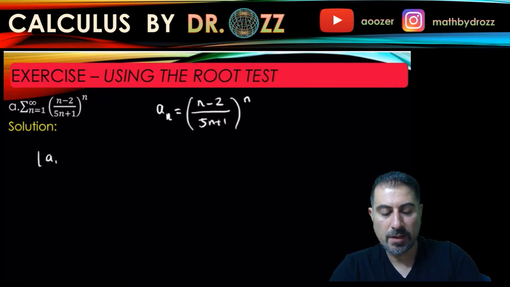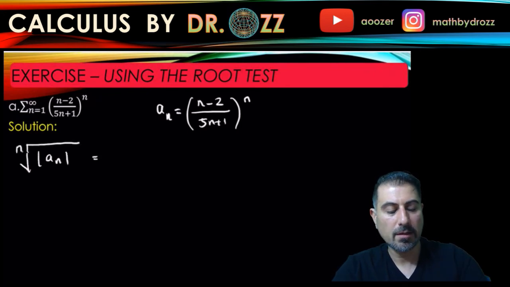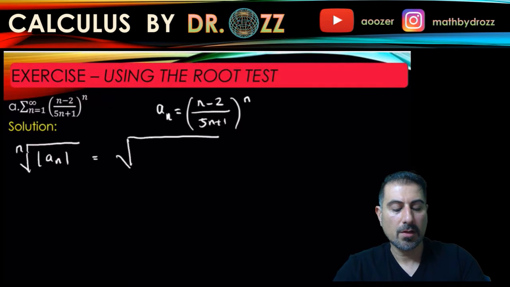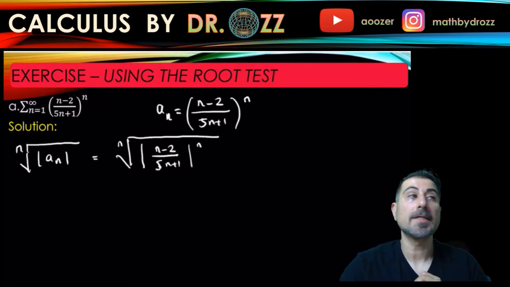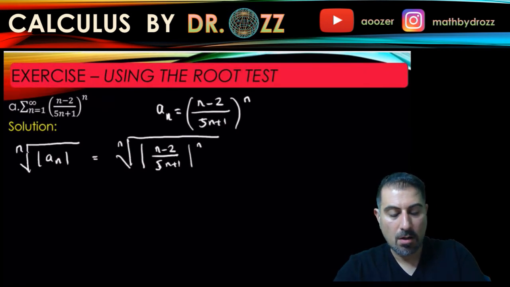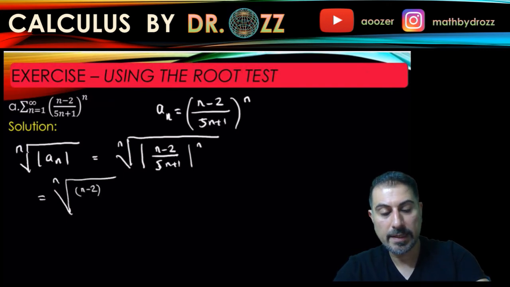The absolute value of an, and this is the nth root. So nth root of the absolute value of (n minus 2) over (5n plus 1), raised to the power of n.